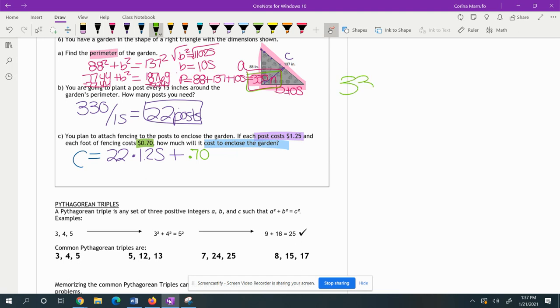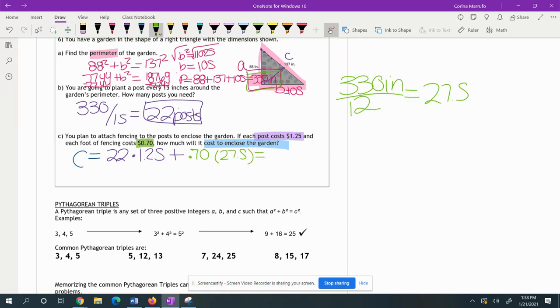We know that there are 12 inches in a foot, so I'm going to divide that by 12, and that tells me how many feet I need: 27.5 feet. So the 70 cents, I'm going to multiply it times 27.5.